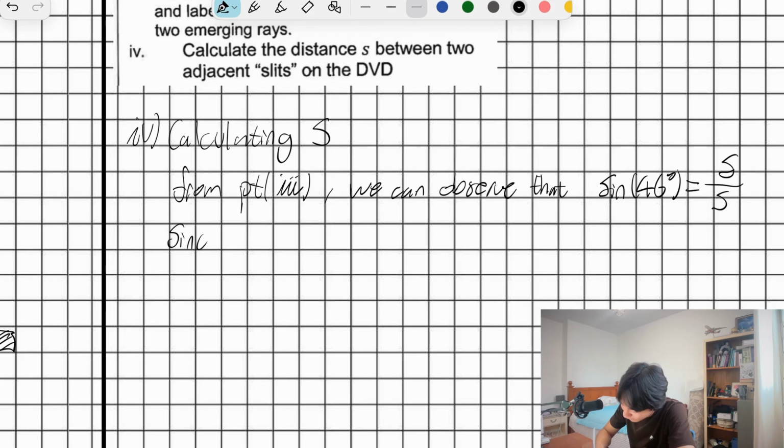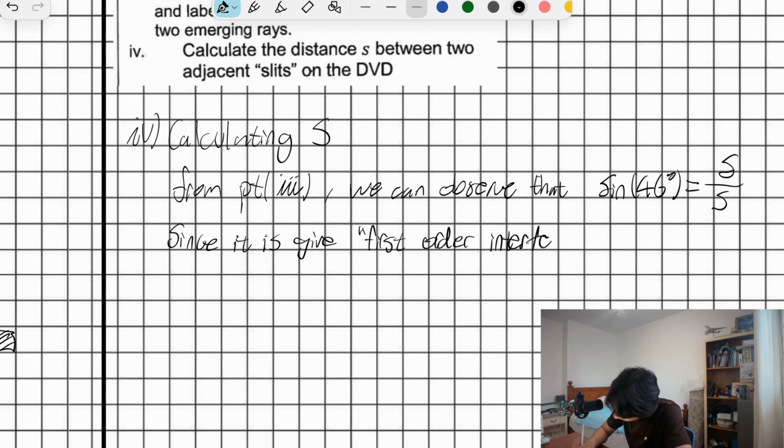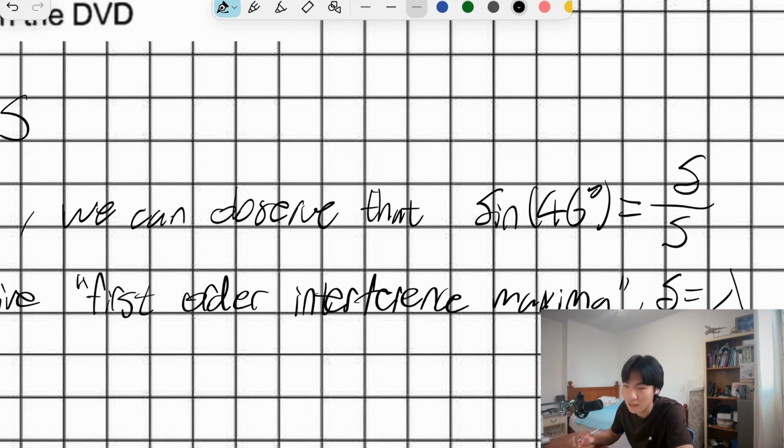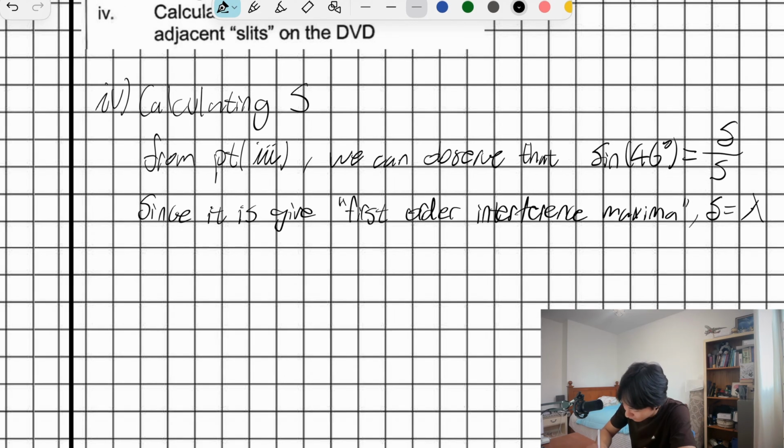Since it is given first order interference maxima, we can confidently say that the path difference should be just equal to lambda, not any integer multiple, but just 1 times lambda. Therefore, we can say the slit separation S must equal lambda over sine of 46 degrees.